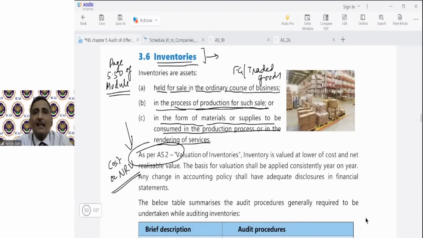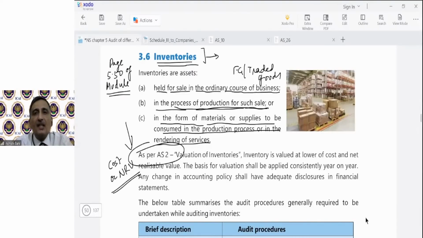So remember that inventories, in accordance with accounting standard 2, are to be valued at cost or NRV, whichever is lower.